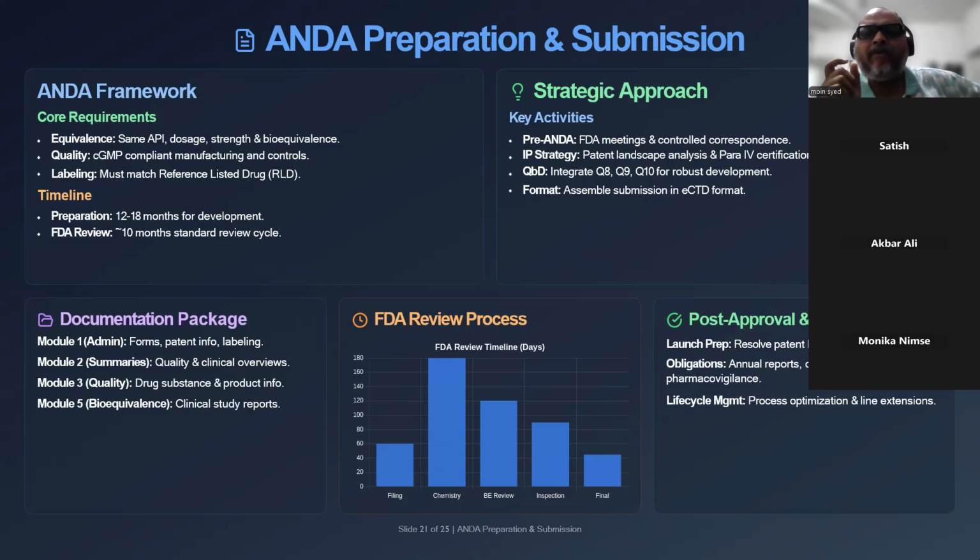We had a very clear picture of our bio strength in case of the US market. And also what we did, we went ahead with the bio study for the RLD strength mentioned in the Orange Book for levothyroxine. And then we did a common bio study for both US and Europe. So what happened?